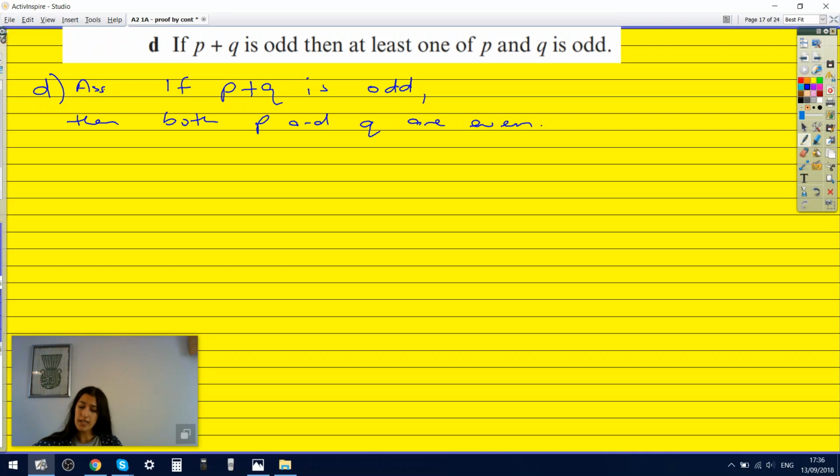So P equals 2k, Q equals 2k plus 2. An odd number, which is 2k plus 1. I don't think that's even necessary.